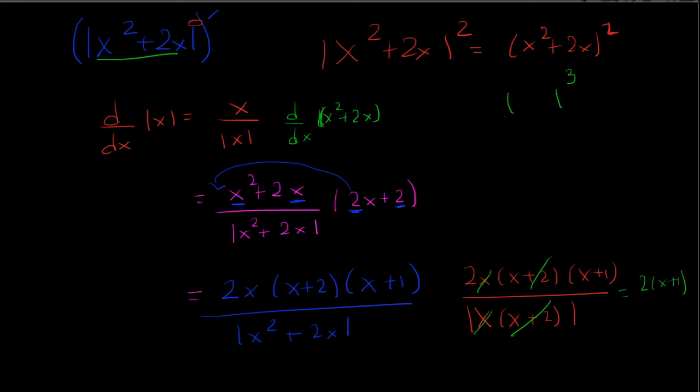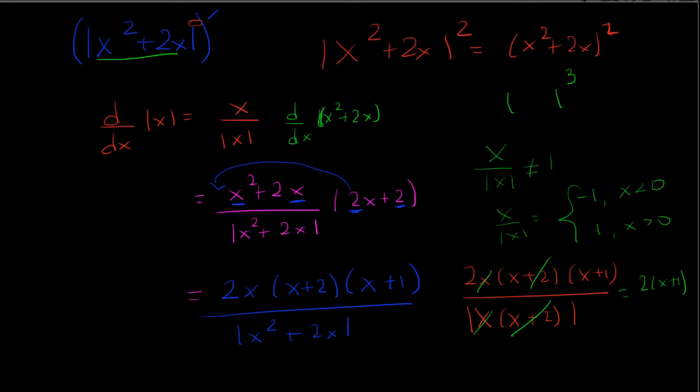And this is wrong. And the reason it's wrong is because we have odd exponents. x over absolute value of x does not equal 1. Turns out it equals 1 if x is greater than 0 and negative 1 when x is less than 0.